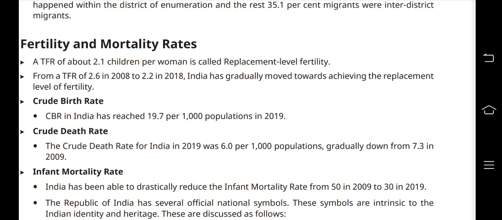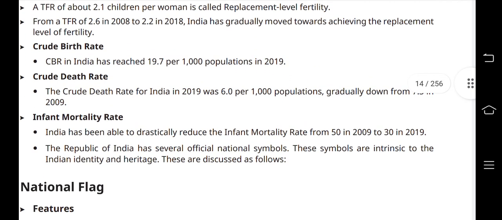Crude birth rate (CBR) in India has reached 19.7 per thousand population in 2019. Crude death rate. The crude death rate for India in 2019 was 6 per thousand population, gradually down from 7.3 in 2009. Infant mortality rate. India has been able to drastically reduce the infant mortality rate from 50 in 2009 to 30 in 2019.